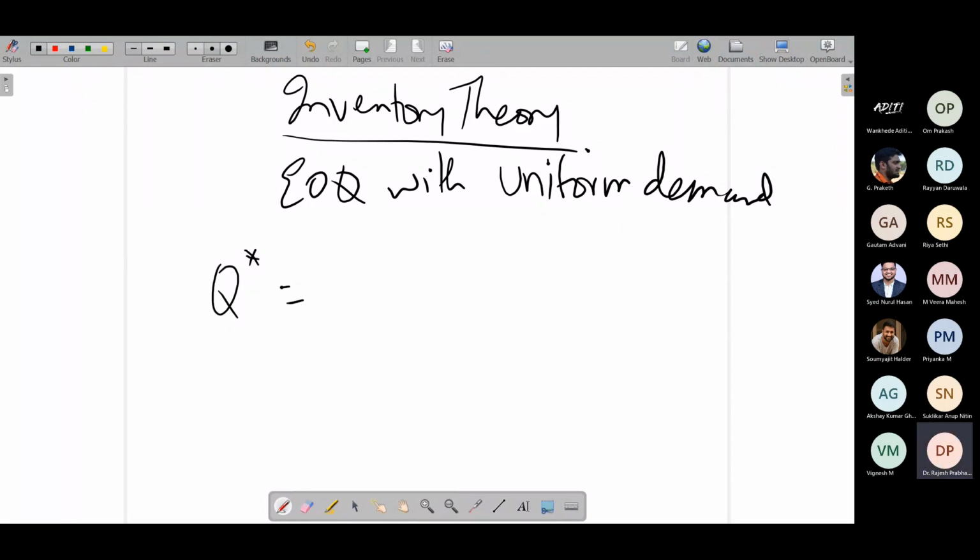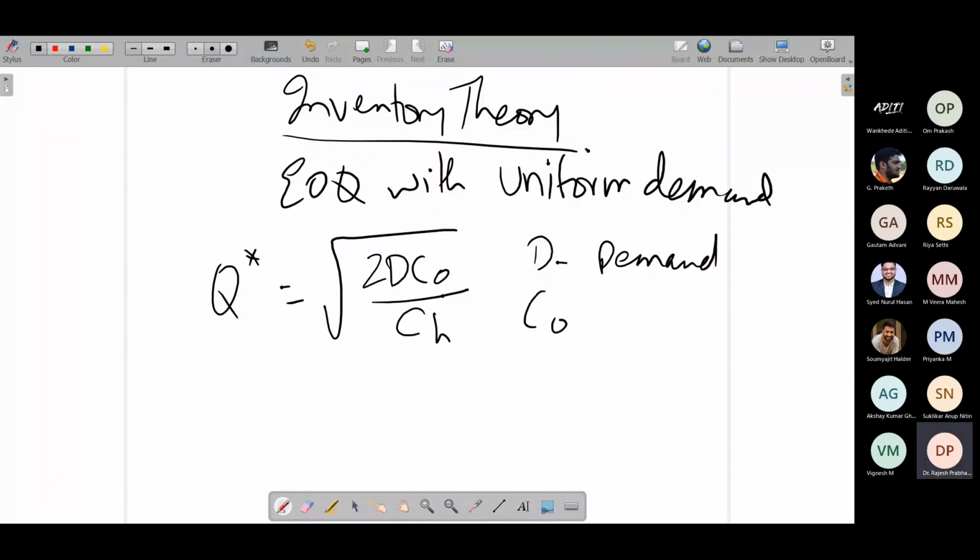Q star is equal to root of 2DCO by CH. So D is your demand. CO is your ordering cost per order.